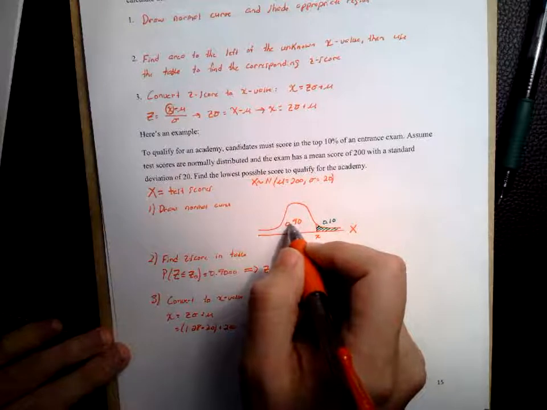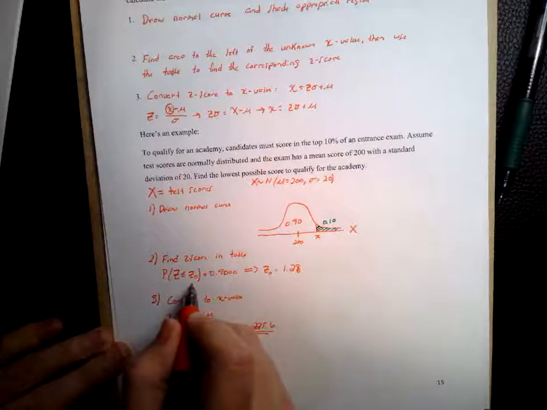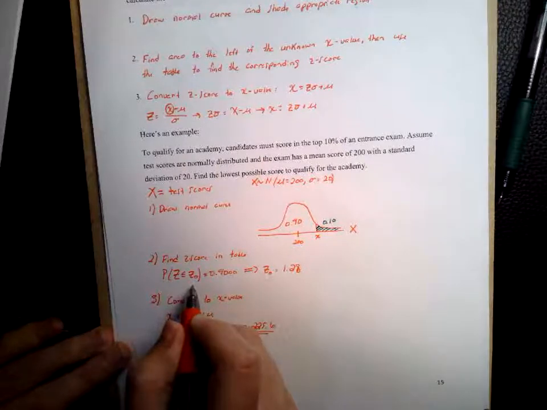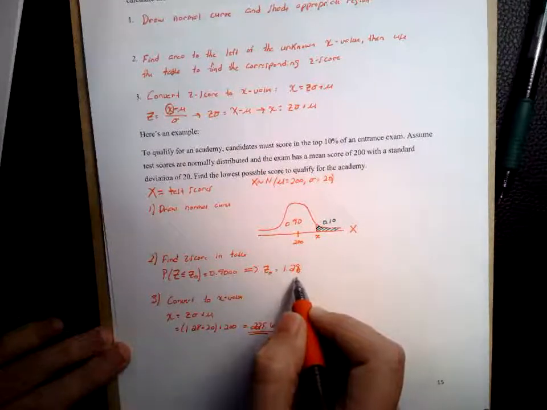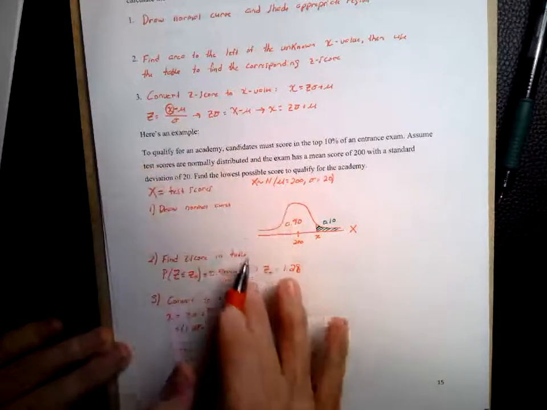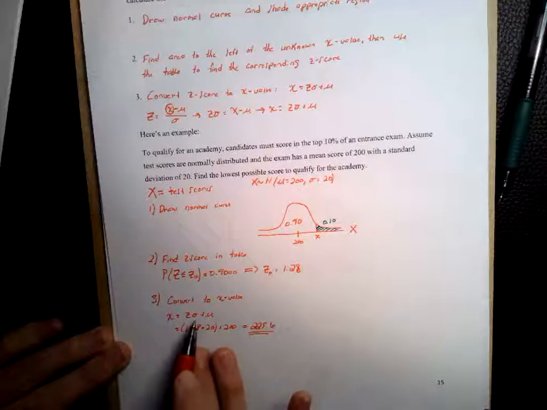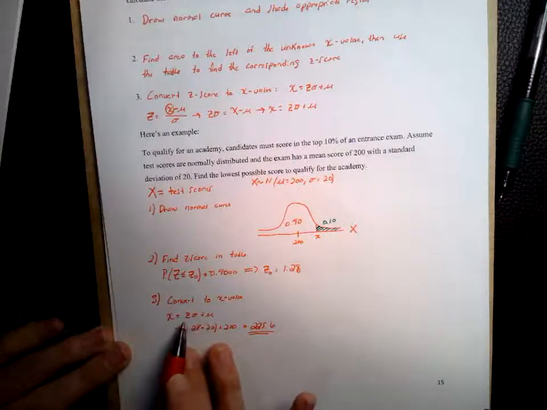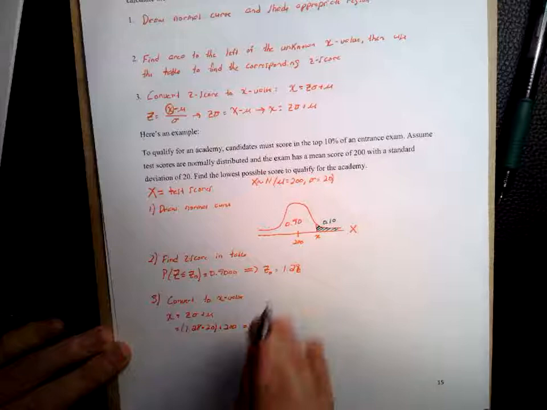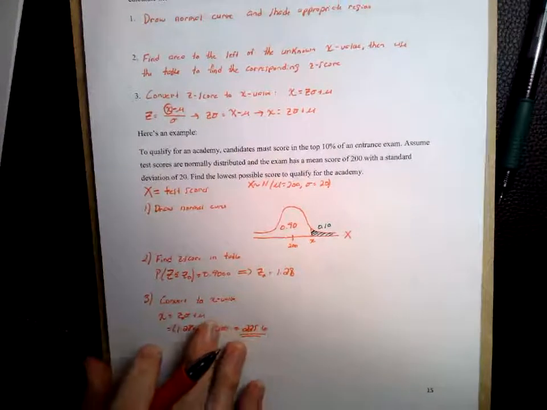Then I know the area to the left is equal to 0.90, so I can find a corresponding z-score with that area to the left, and I did such. And then I can use this formula up here to convert this z-score into the data value because I know sigma and mu, and I just found the corresponding z-score above. So that is how you do that.